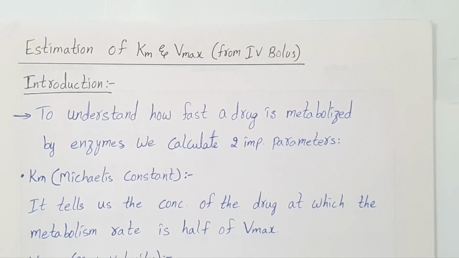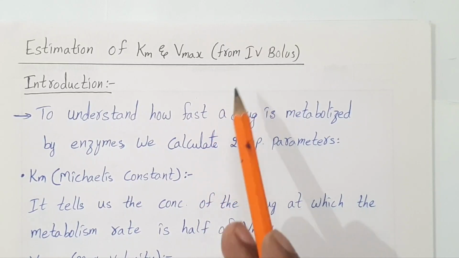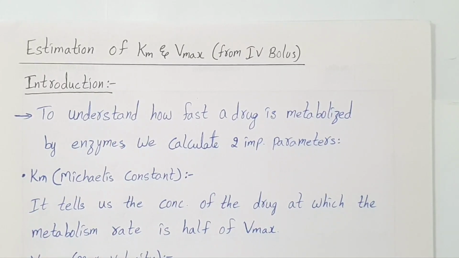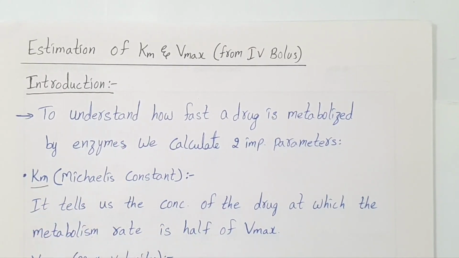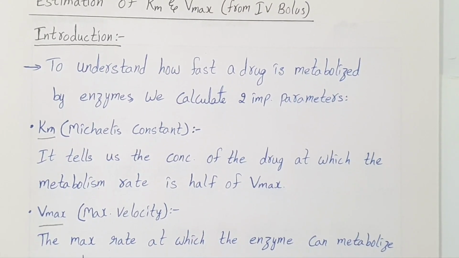Now let's see how we calculate Km and Vmax using real data after IV bolus administration. Km is the Michaelis constant and Vmax is the maximum velocity.